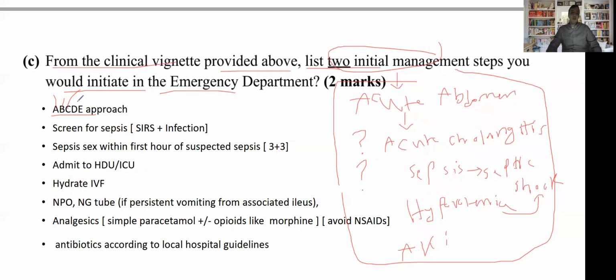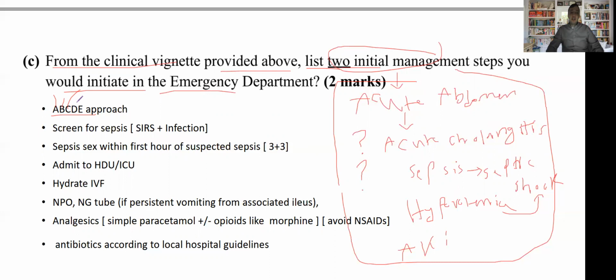I would like to do an ABG to check the acid-base and gas exchange status of the patient and electrolyte status. And then I would like to start resuscitation fluid, isotonic fluid like Hartmann's solution or normal saline, for example, 1 liter of normal saline as a resuscitation over 30 minutes.